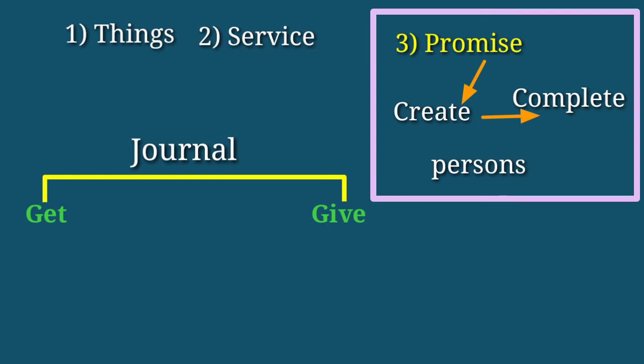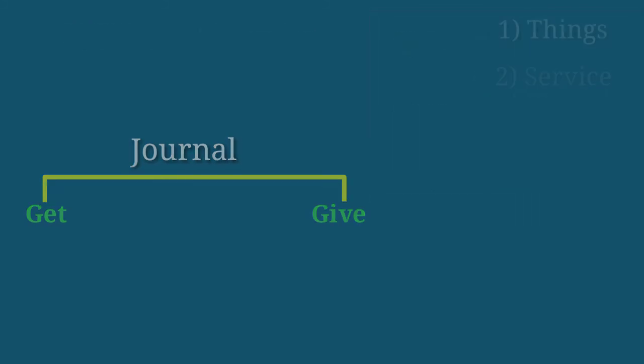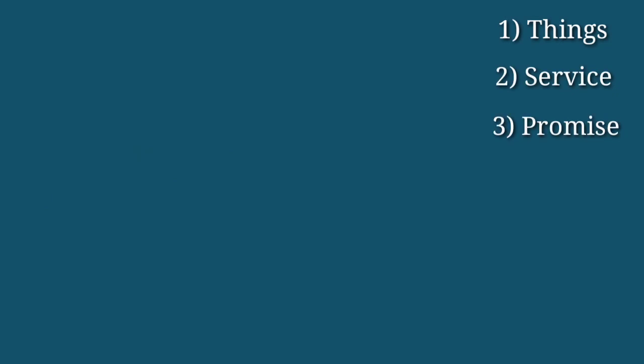After this, you can make any type of journal entry without any rules and regulations or any method. Sometimes we receive something without giving things or service, or we give something without getting anything or service. If that happens, that is our profit or loss.